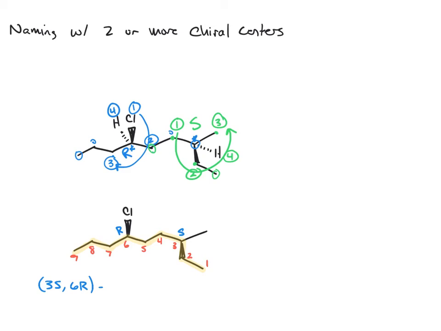We have a C for chloro and M for methyl. So the chloro comes first. 6-chloro, 3-methyl, and the parent's nonane.